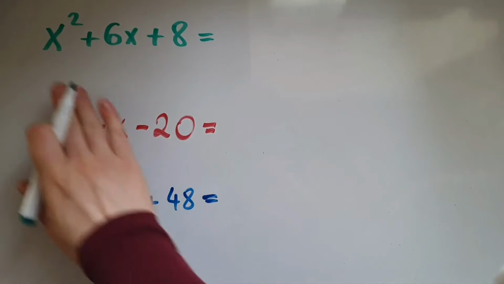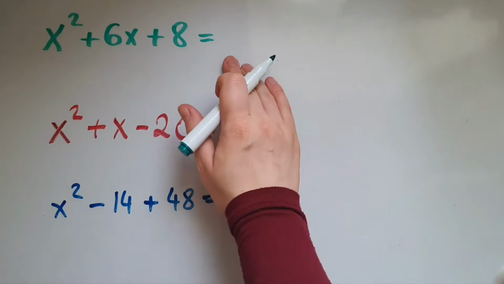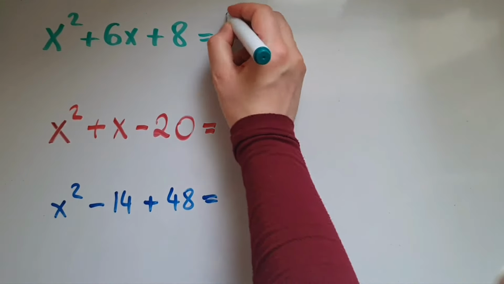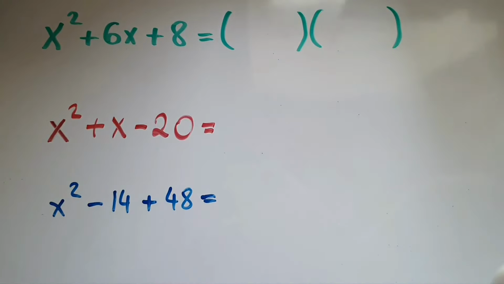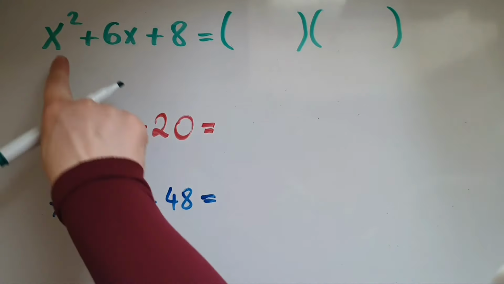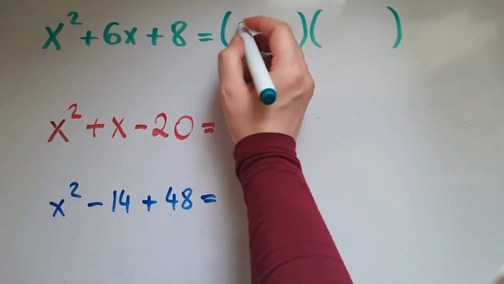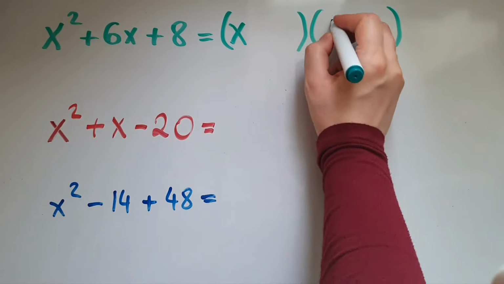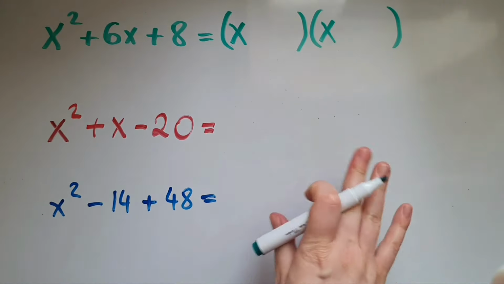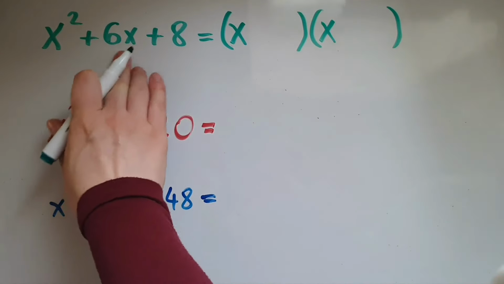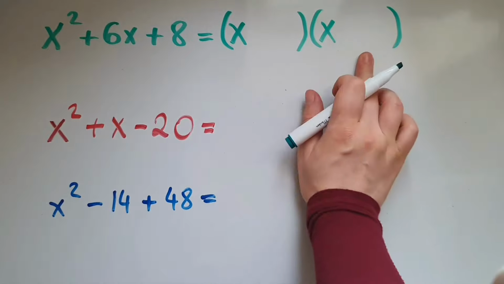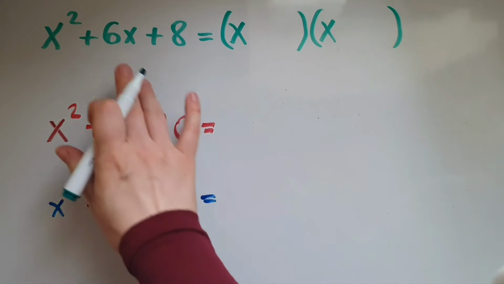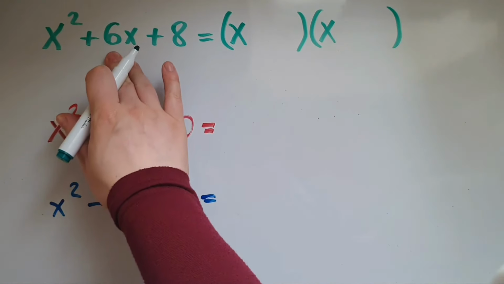So we've now got x squared plus 6x plus 8, and we're going to open up two sets of brackets. So we've got x squared there, which means x and x. And we've got 6x. So these two numbers that are missing, when we add them up, they will make 6.